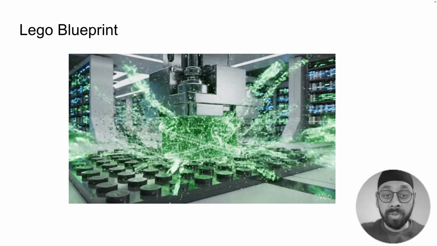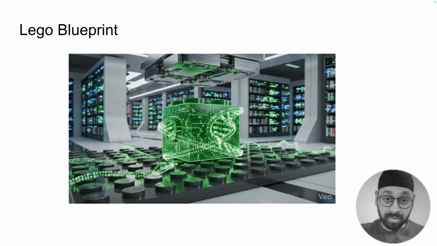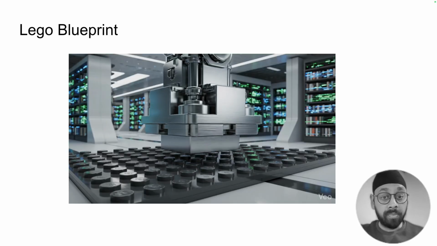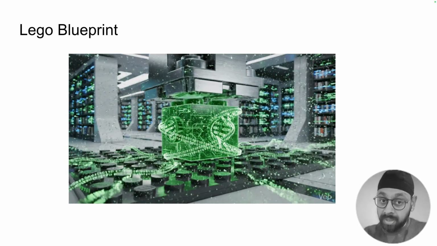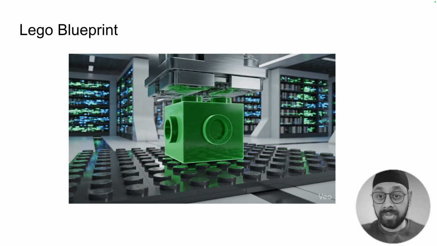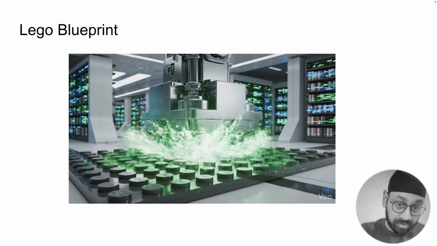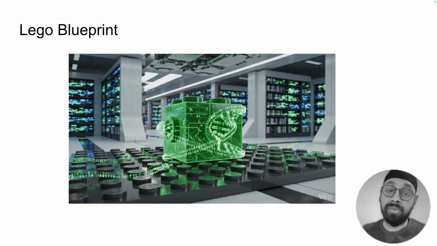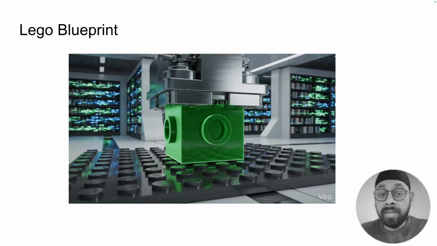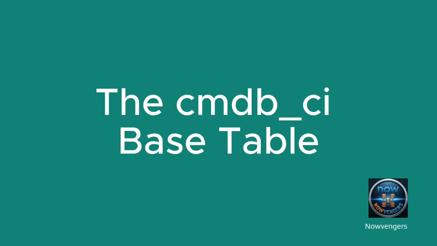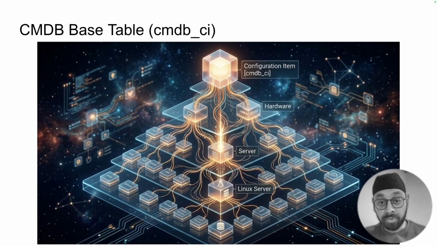The class is the mold used to make the bricks, where the brick is blue for London stores and red for Tokyo stores, and the mold ensures that every 2 by 4 brick has the same number of studs. In our library, the mold ensures that every server has a serial number and an IP address no matter which store it is. Every item in our retail world shares some basic DNA.